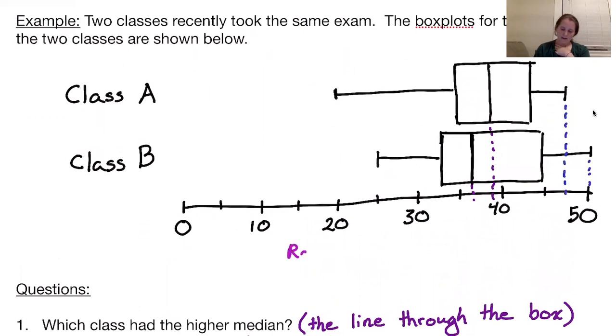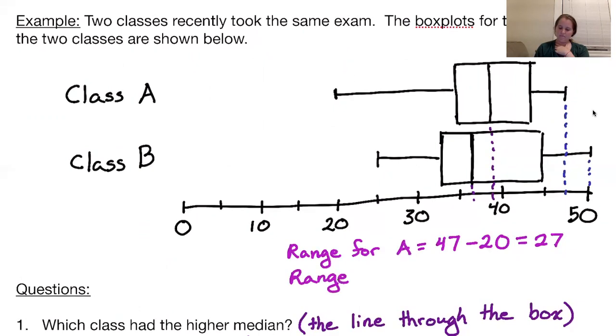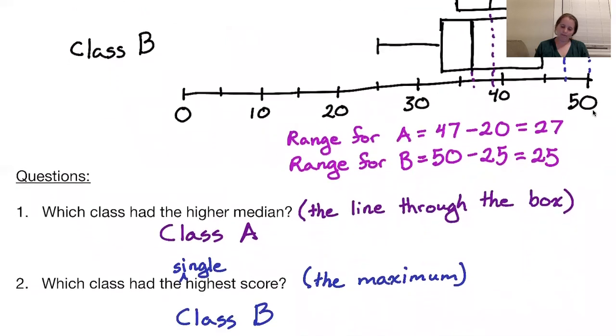So the range for A, we're looking at about 47 minus 20, or 27. The range for B goes from 25 to 50. So we are looking at about 50 minus 25, or 25. So it looks like class A has the larger range.